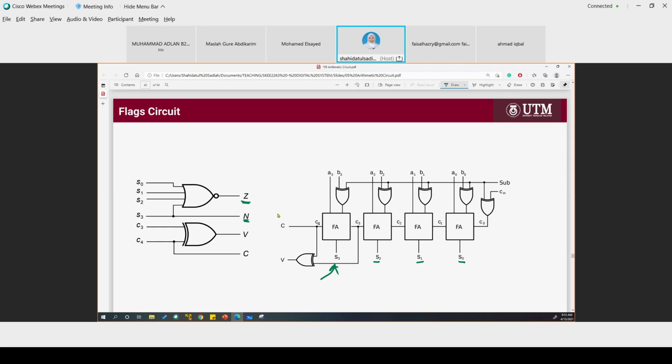And by XORing C3 and C4, we'll get V. And the C is directly from the C4 carry bit. Right. So this circuit, again, if sub is 0, we will do adder or subtractor.